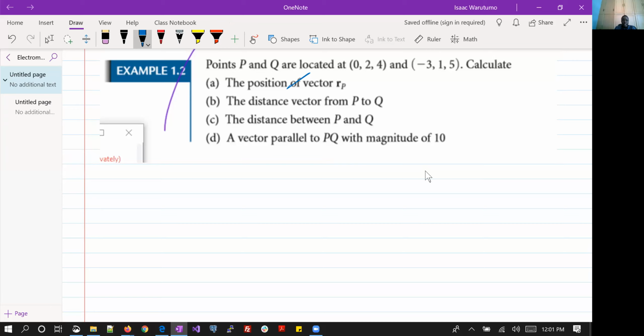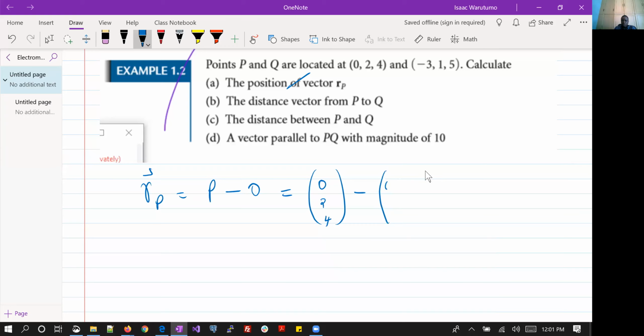So we simply say that RP is given by point P minus point O. And this is given by 0, 2, 4. I just find it a bit better to put it in matrix form, but this is acceptable.